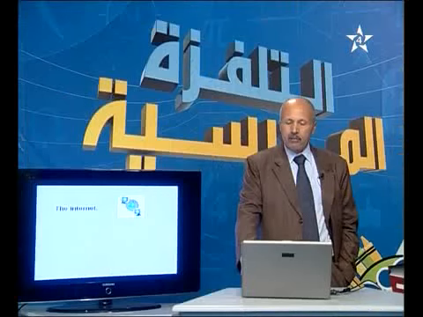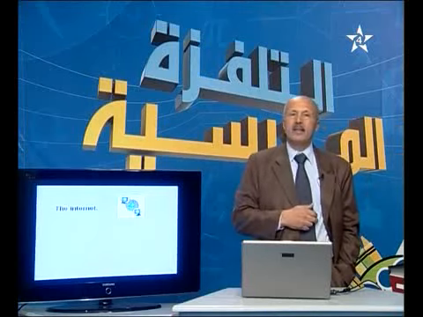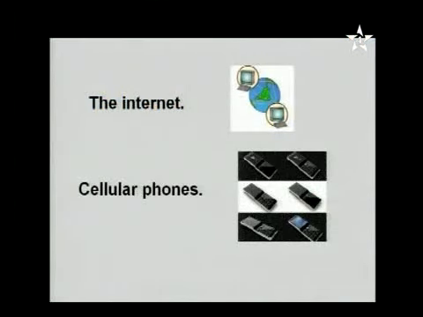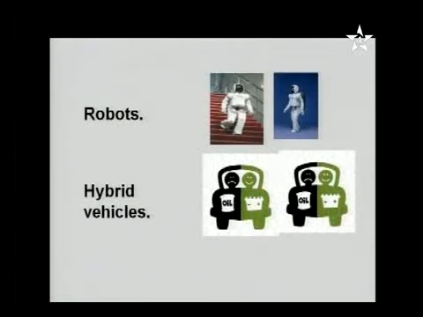Okay, now let's see if you could find all the devices. The first one, of course, is the internet. Second device, cellular phones. Next, robots. Next, hybrid vehicles.